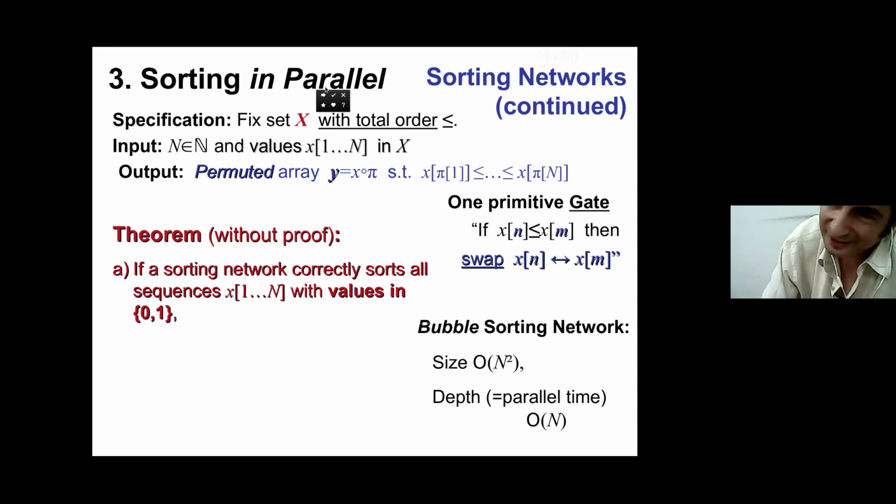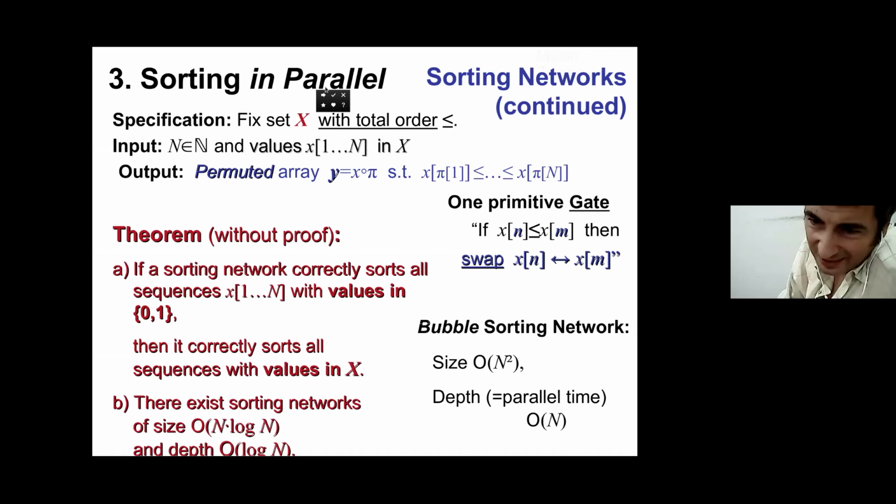And now to the outlook of this section and this whole topic. So this is a theorem of theoretical computer science, which more or less explains the importance of parallel sorting.